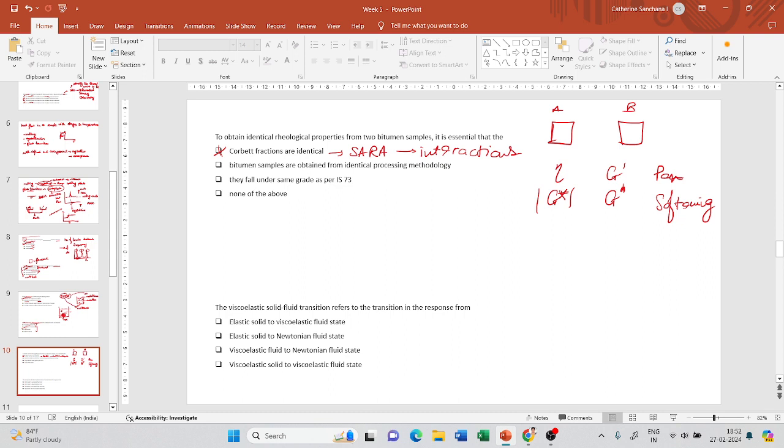Next option, bitumen samples are obtained from identical processing methodology.